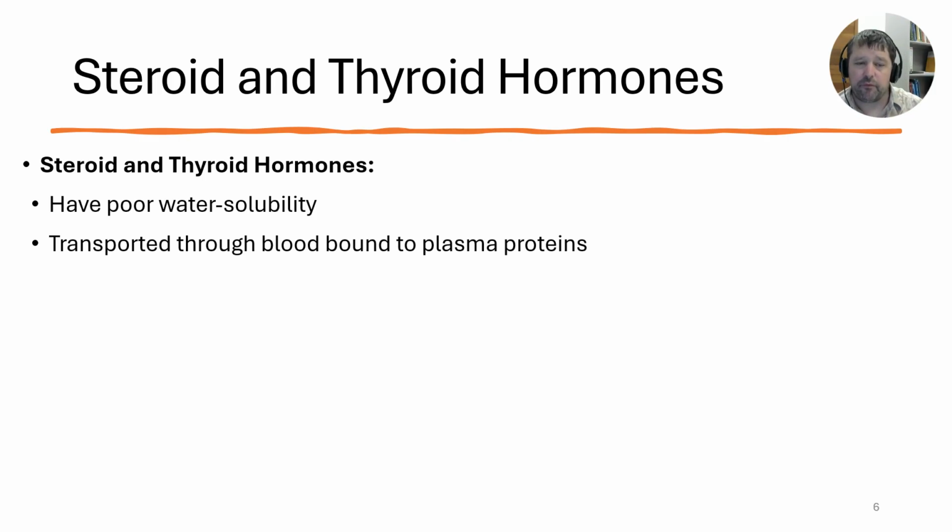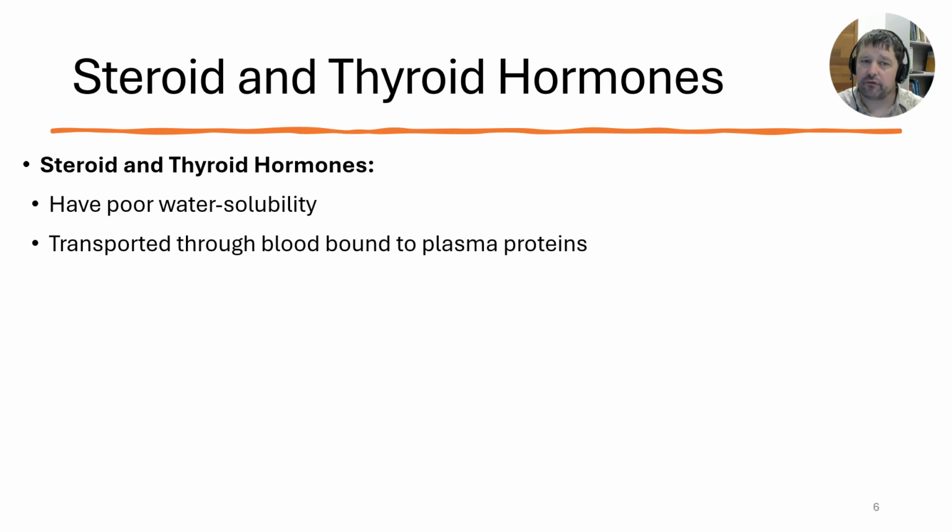So they can be transported through the blood, and they can be bound to plasma proteins in the blood, but they're not dissolved in the blood. That makes them easier to detect and harder to travel in certain regions, maybe a little bit slower to get to certain regions.